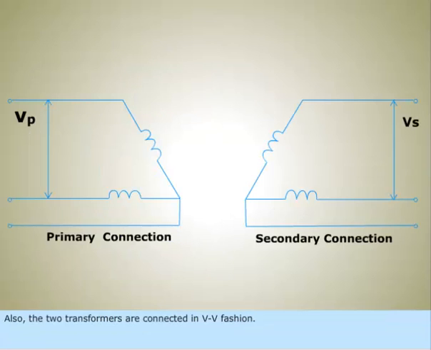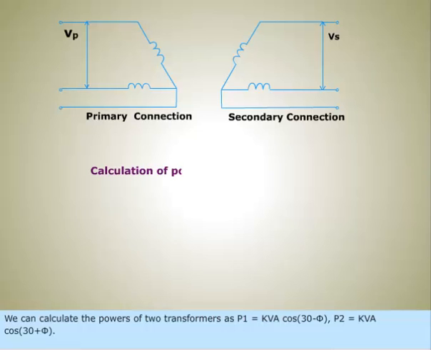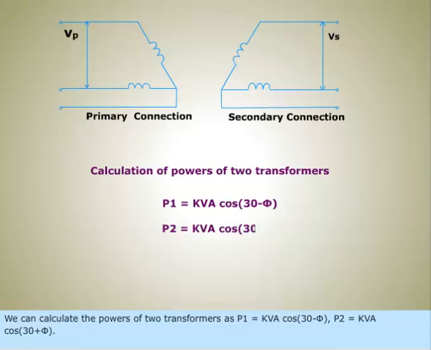Also, the two transformers are connected in V-to-V fashion. We can calculate the powers of the two transformers as P1 equals kVA cosine of 30 minus phi, P2 equals kVA cosine of 30 plus phi.